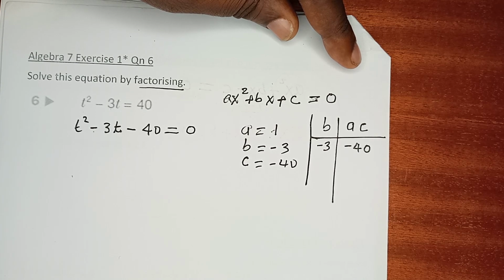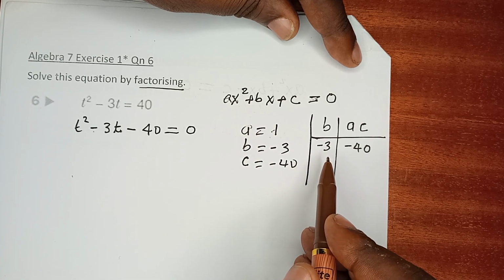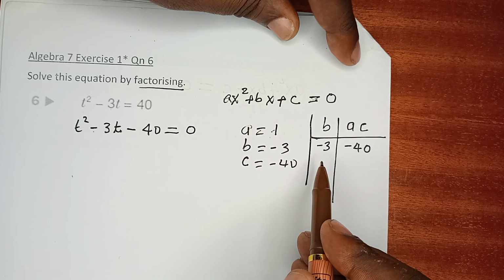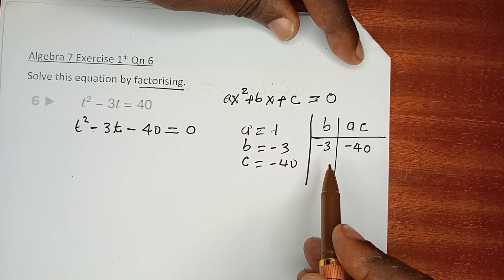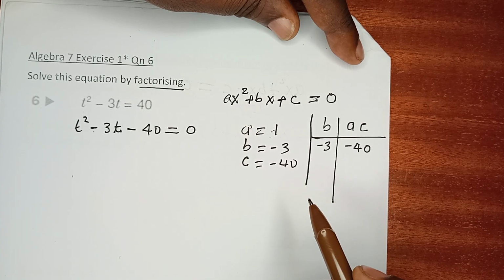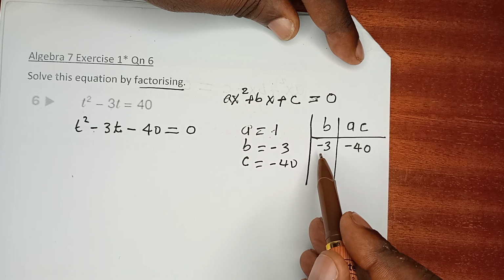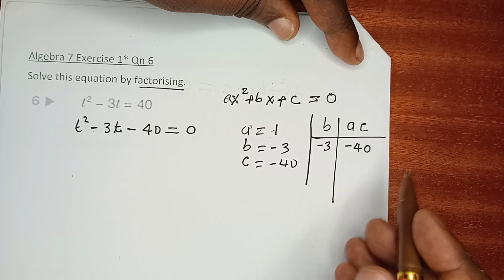Which two numbers, when added, will give us negative 3, and at the same time, those same numbers, when multiplied, should give us negative 40?